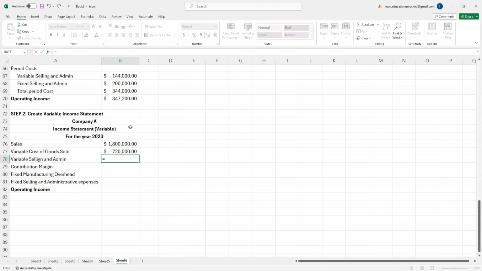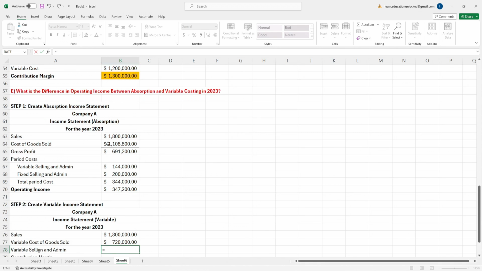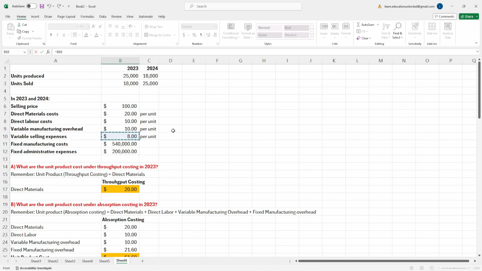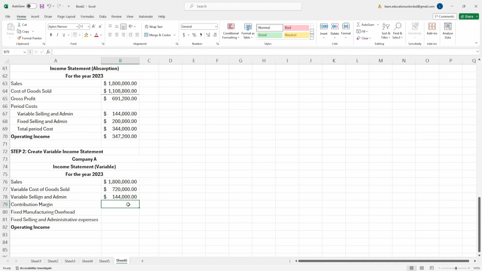Variable selling and admin, so I believe it should be the same. So 100, it should be the same as the absorption, but I'll just recalculate it just to be safe. So 8 times the amount of units sold, 144. Contribution margin, it's sales minus your variable cost minus your variable selling and admin. So 936.